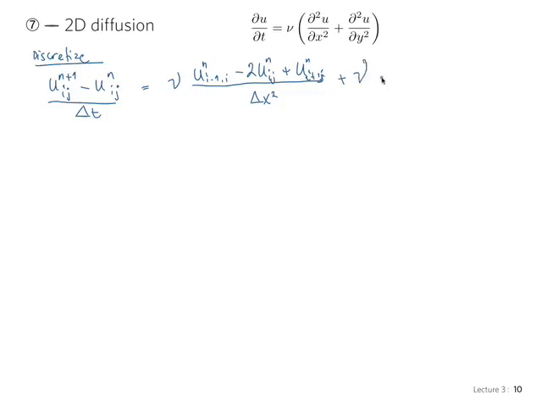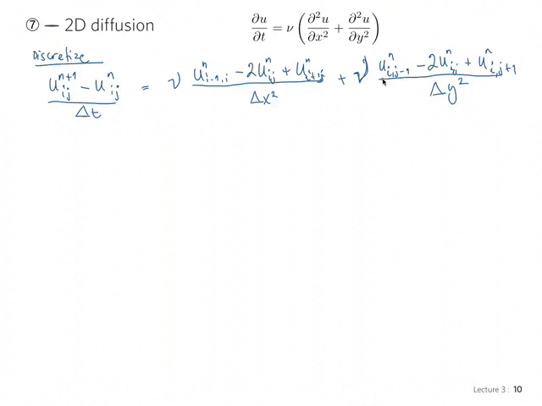And the second term now varies on the second index, so we have u_{i,j-1} minus 2 u_ij plus u_{i,j+1}, and all is at time n divided by delta y squared. Did I get that right? These are new? Okay.